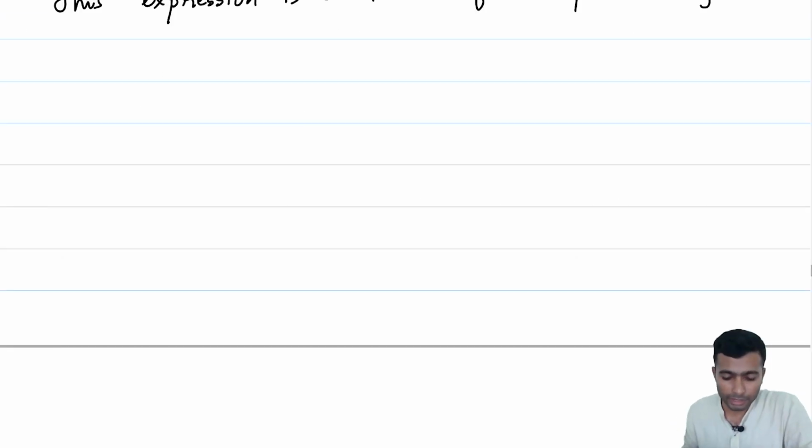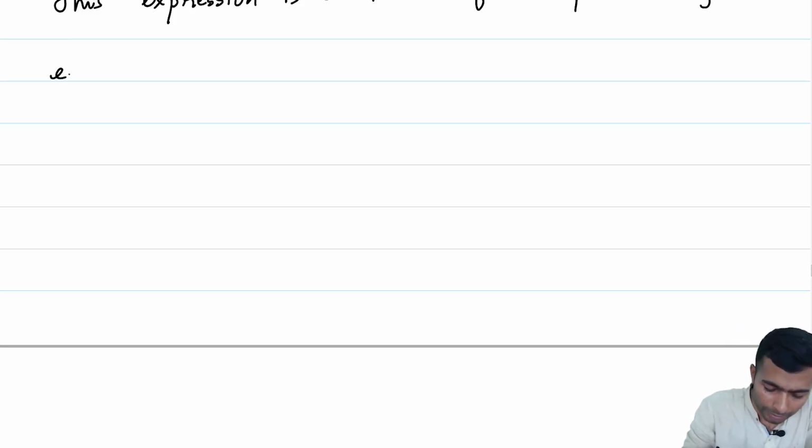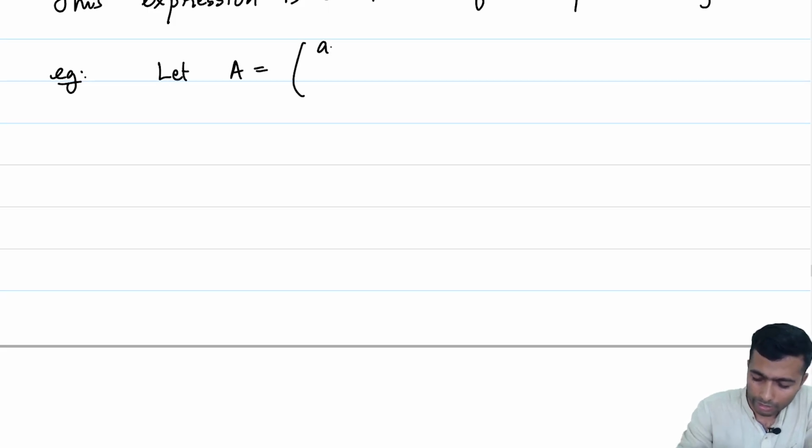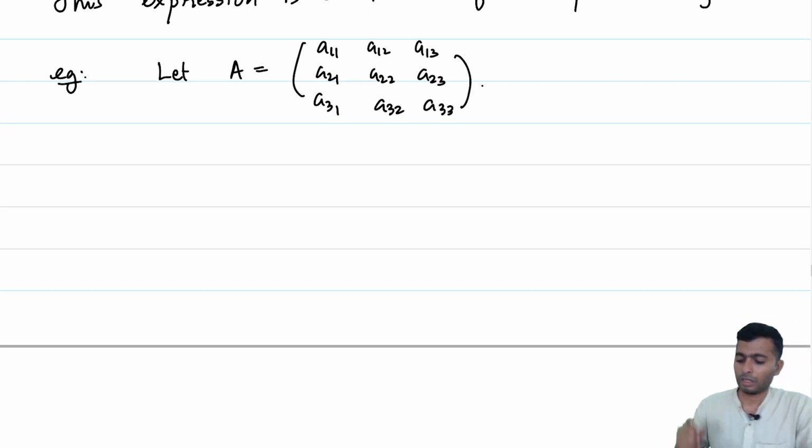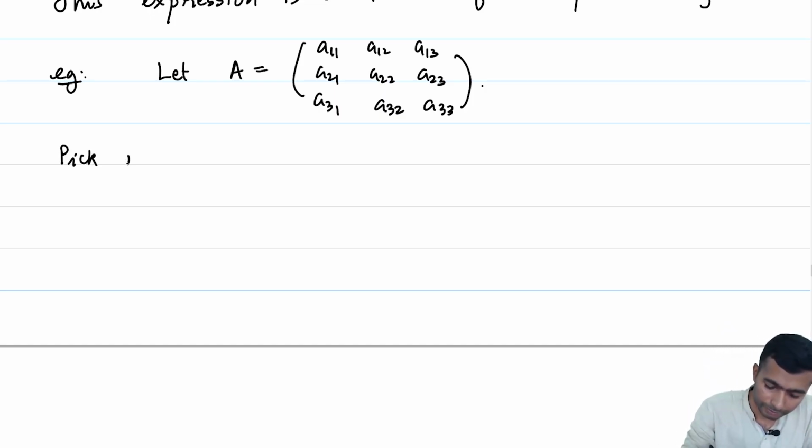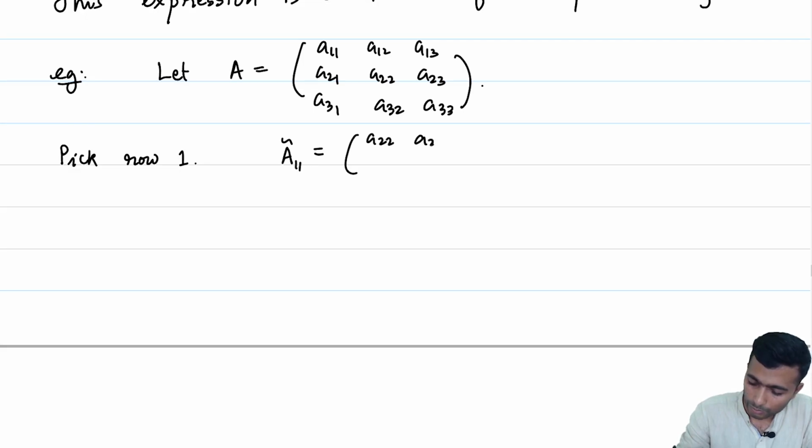So, let us look at the example of the determinant of a 3 cross 3 matrix. Let A be as above: A11, A12, A13, A21, A22, A23, A31, A32, A33. Let us pick row 1. Then we can see that A11 tilde is A22, A23, A32, A33.